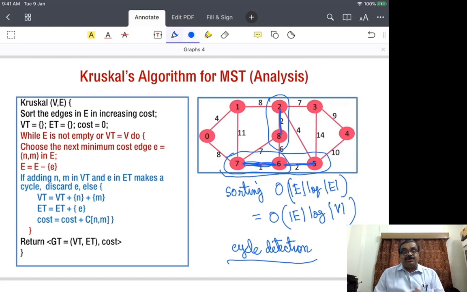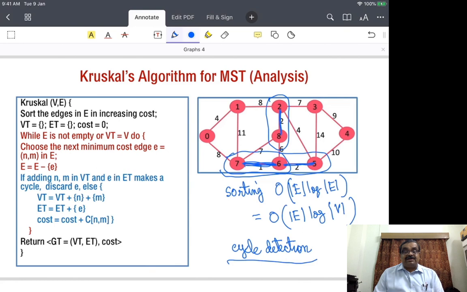So that's what I am doing: I am actually performing operations of union of sets. And if I connect two nodes which are already in the same set, then I know that a cycle is formed. If I connect two nodes in different sets, a cycle is not formed.